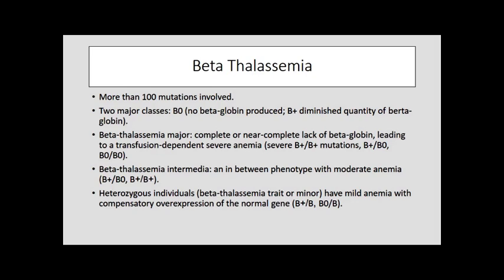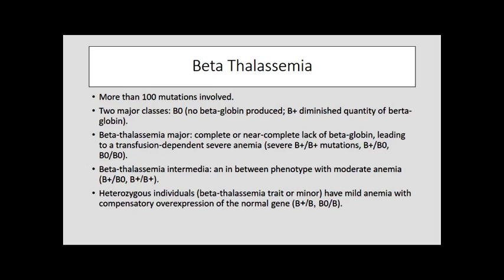So this patient here has 2 mutations of the severe type, and this patient here has 2 mutations of the milder type. So these people here have a serious anemia, these people here have a moderate anemia, and these people here have a mild anemia. Okay? Notice that the difference here is the B is alone, has neither a 0 nor a plus. This is the normal beta globin gene that every healthy person has.